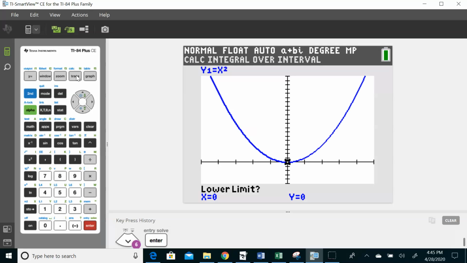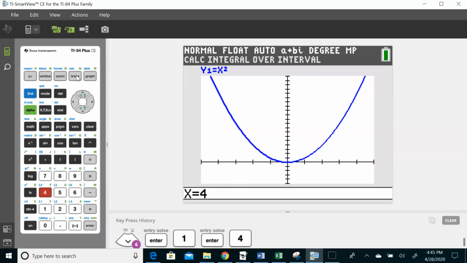It asks for the lower limit, and then it will ask for the upper limit. The lower limit for this example was 1, so I'm just going to type in 1. Don't move the cursor, just type in 1. Hit enter. It asks for the upper limit, and the upper limit for this example was 4. I'm going to hit 4. When I hit enter, watch what it does. It's going to do it quickly because mine's on my computer. It has a high processing unit.